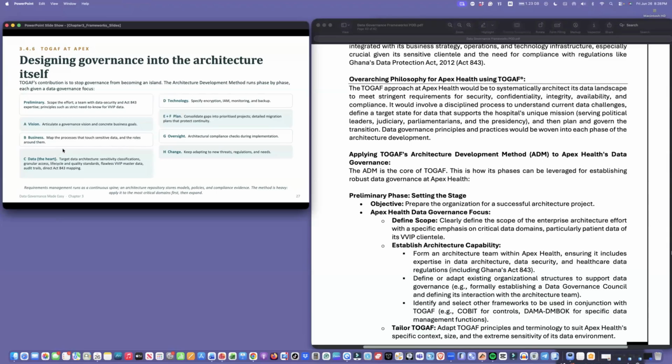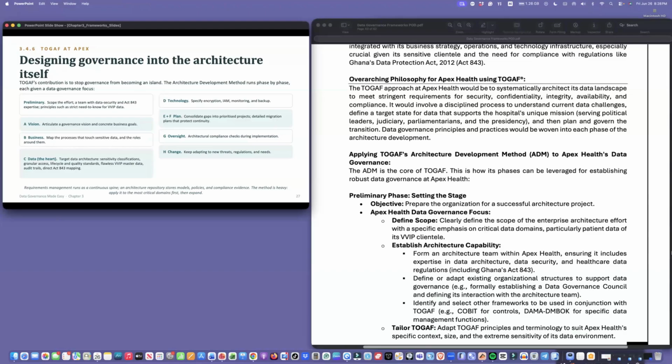So we start with the vision and the mission of the organization. And then we will look at the business, which aspects of it require data. Then design the appropriate target data architecture that will give you the sensitivity classifications, the granular access, the life cycle quality standards, and flawless VVIP master data access and audit tools that will be the direct support of the business, whilst making sure that the architecture is consistent with the Data Protection Act.